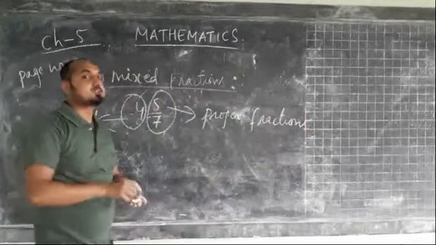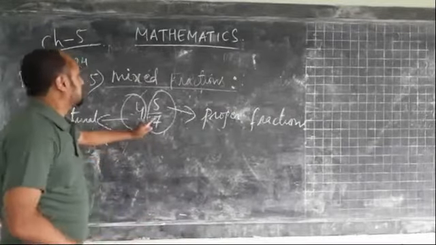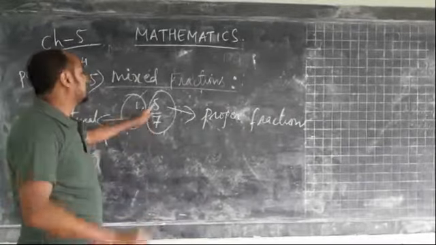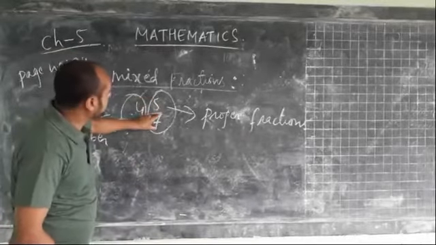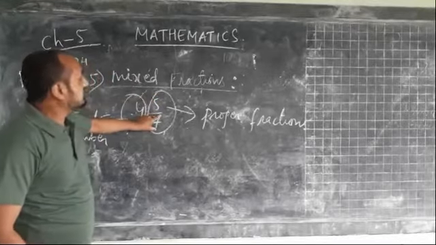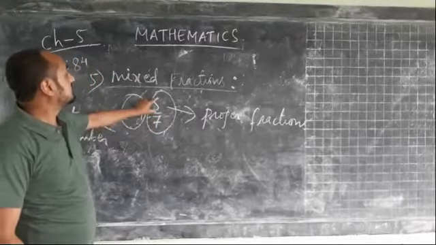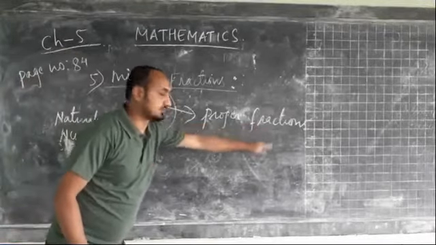So we know the definition of proper fraction. In the case of proper fraction, the denominator should be greater than the numerator. So if you compare this 5 and 7, this 7 is greater. So here 7 is the denominator and that is greater than this 5. So this type of fraction is called proper fraction.